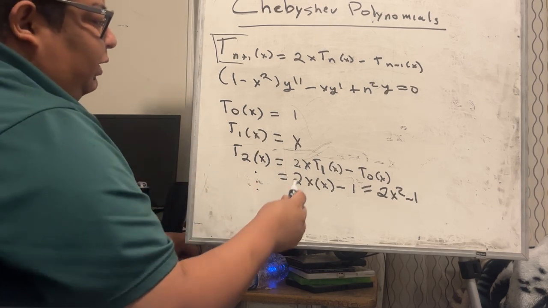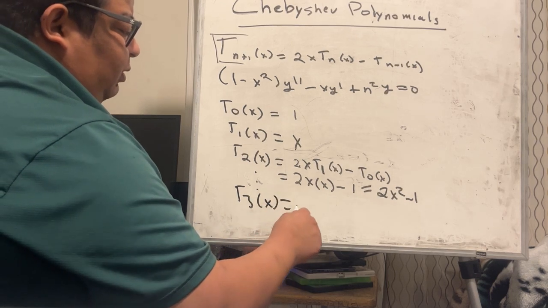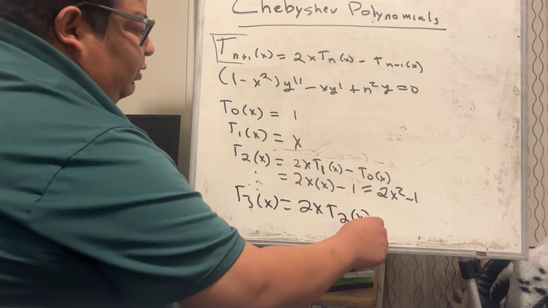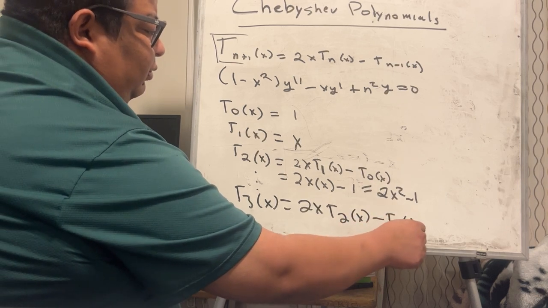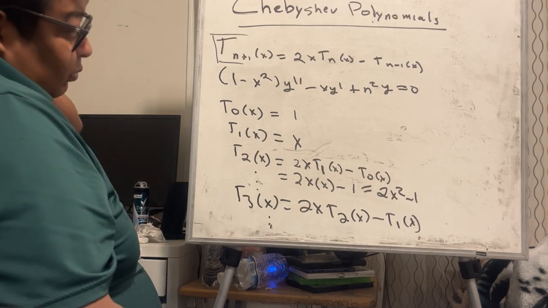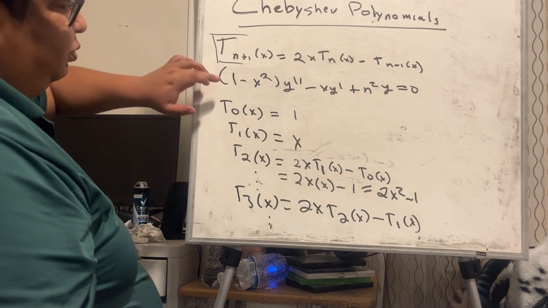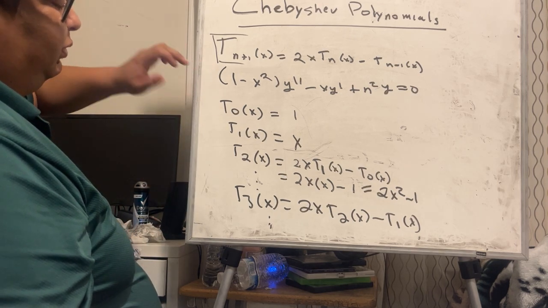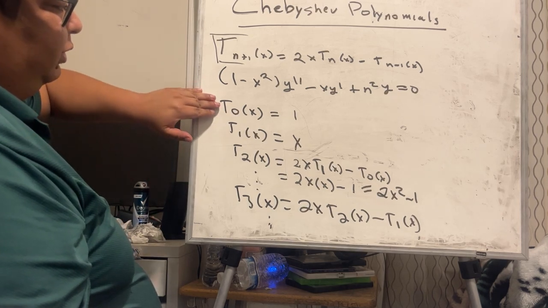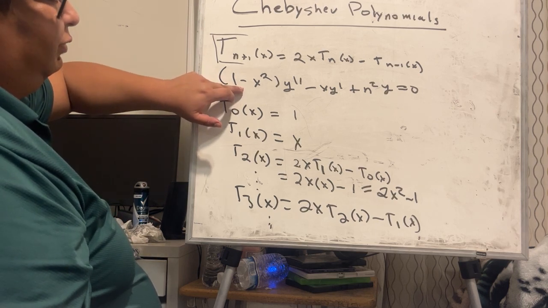For example, T3 of x is going to be equal to 2x times T2 of x minus T1 of x, and this can keep going. What we're now going to show is that each of these is a solution to this differential equation. We're not going to show the general case, but we'll show that T0, T1, T2 are solutions to this differential equation.